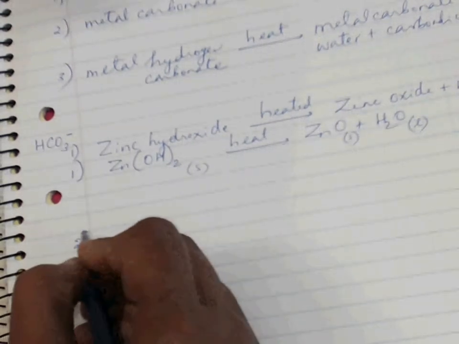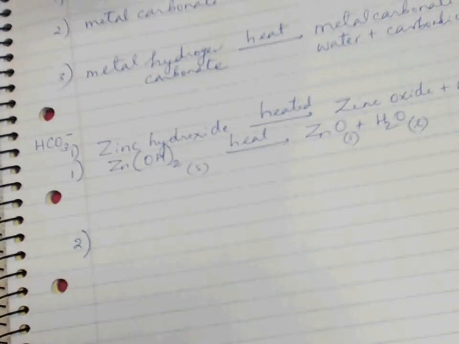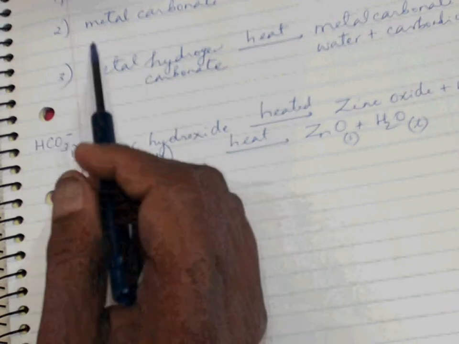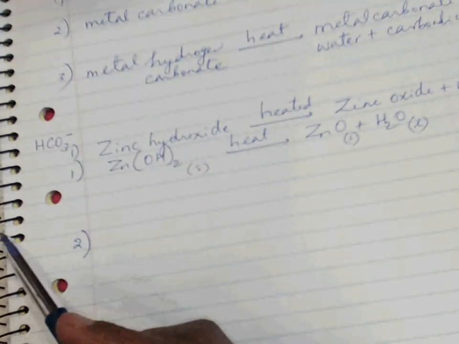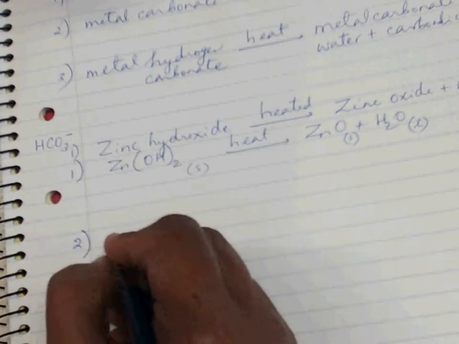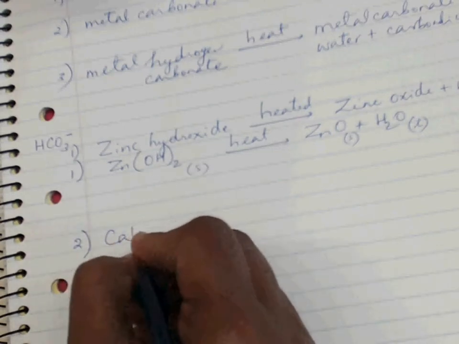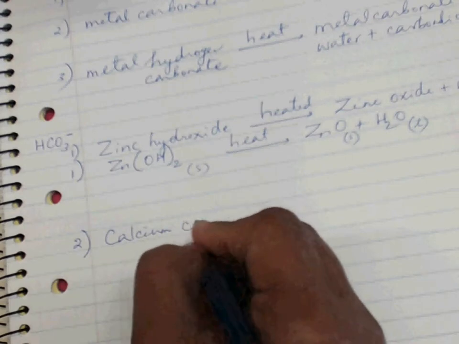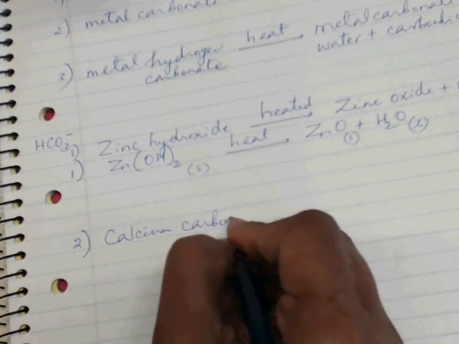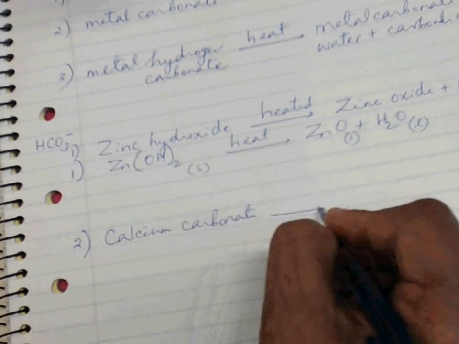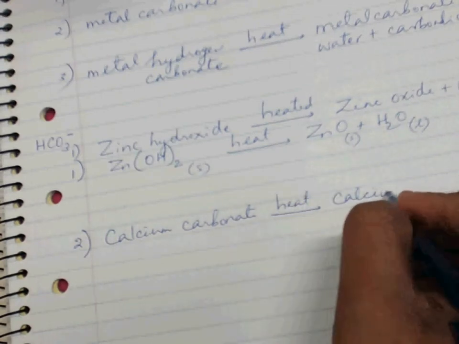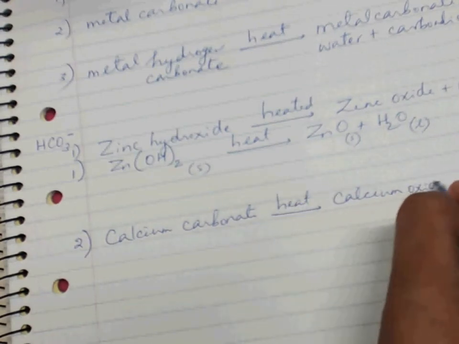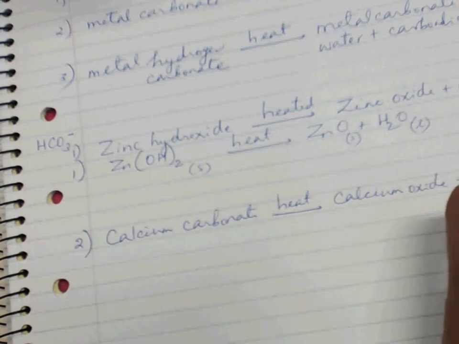The second one, I'm going to look at a metal carbonate, this one that we had up there. We've already got one with copper, so let's use calcium this time. Calcium carbonate, on being heated strongly, will form calcium oxide and carbon dioxide.